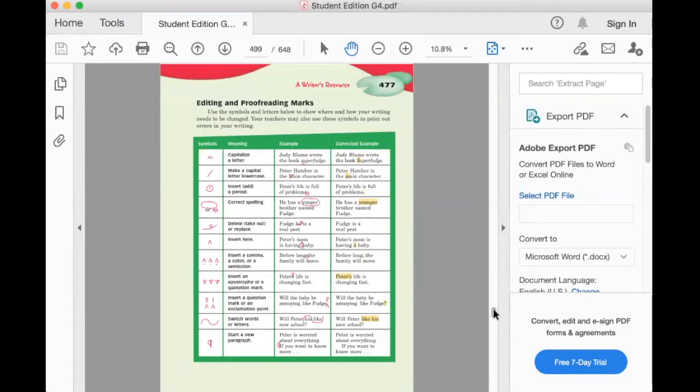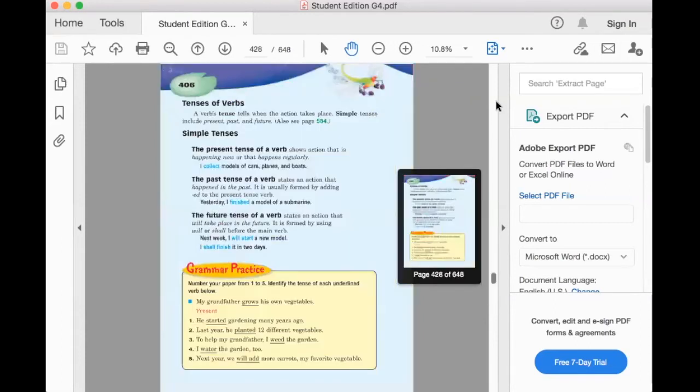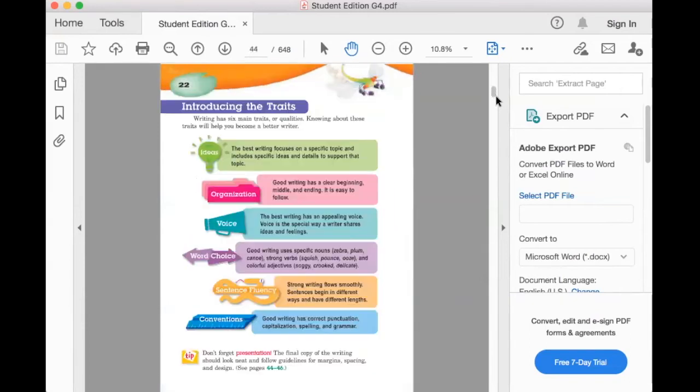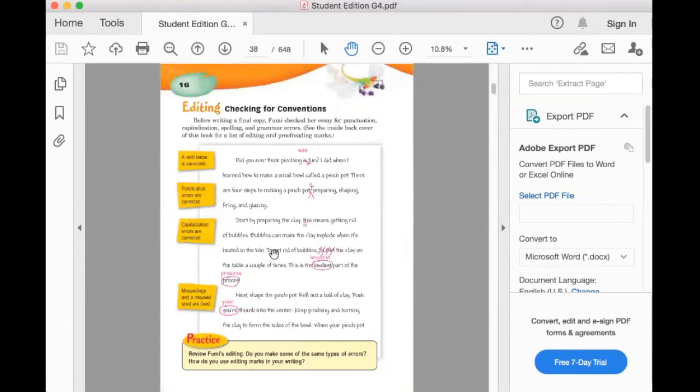Let's go back and look at the page over here again. We were on page 16 and see the changes that Fumi was told to make. So here the word slam was written all in capital letters, and they said you don't have to do that, you just put a capital S. Now, I don't necessarily agree with that, in the sense that in writing, if you want to make your writing interesting, you can change the typeface.